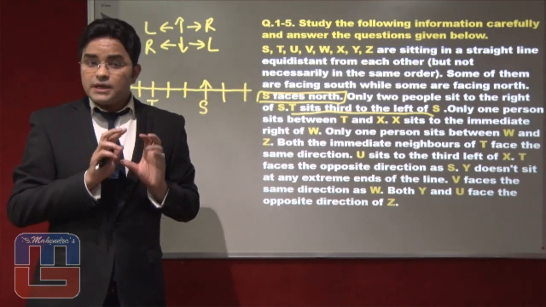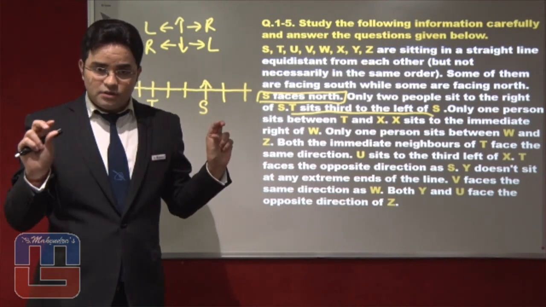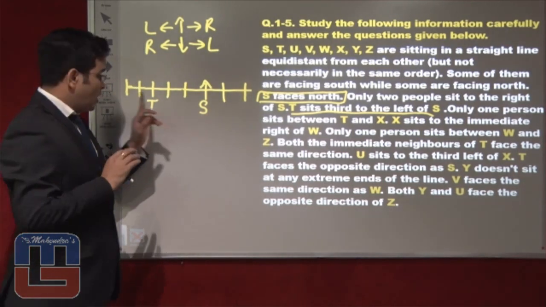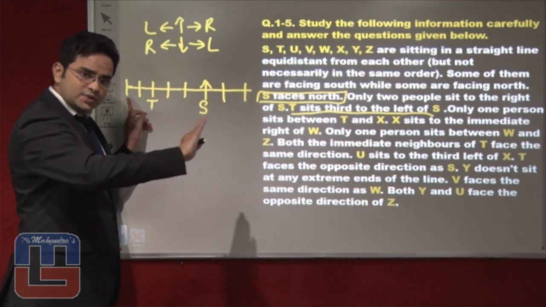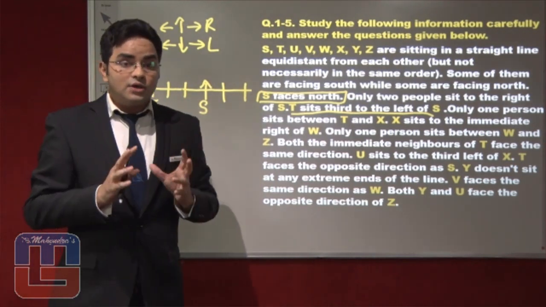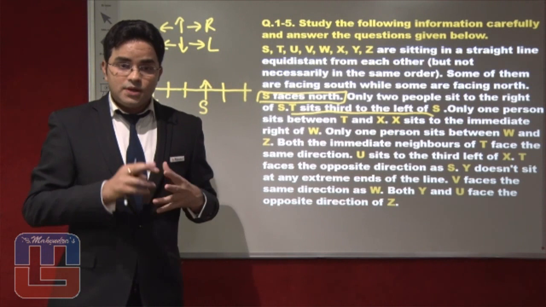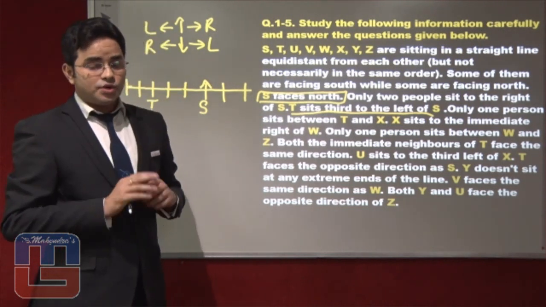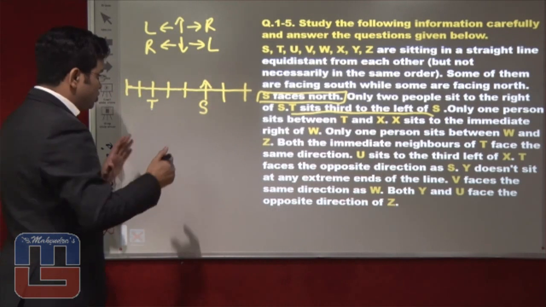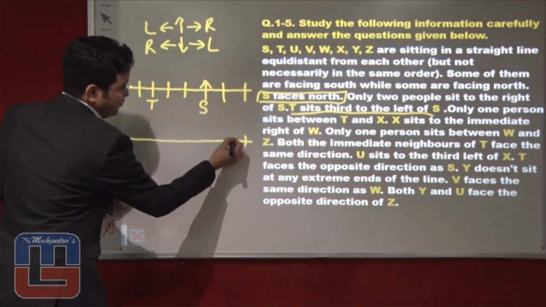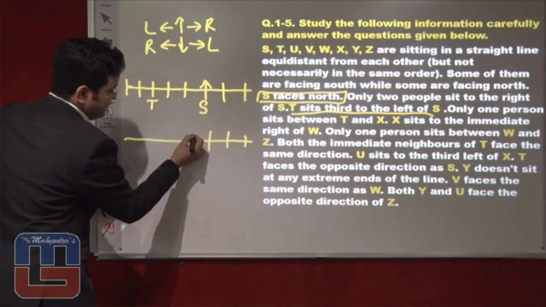Because once you finish the question with one possibility, like if you have drawn X on this side and you continue the question, lastly you will find that you got a wrong setting. So what will you do? You will cancel it out and start again with the very first statement, so you'll waste time. So it is better to draw another possibility simultaneously.